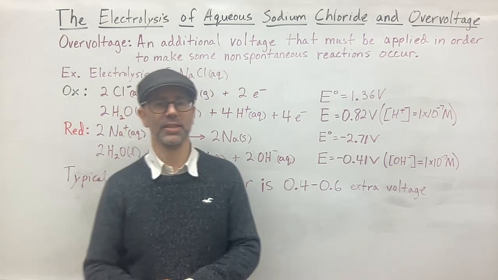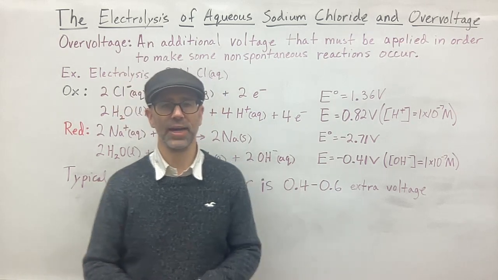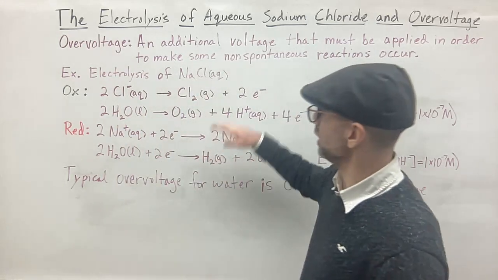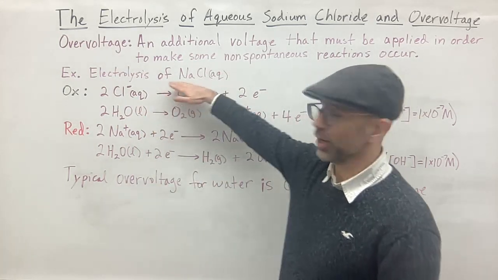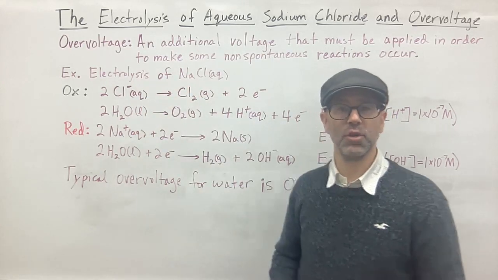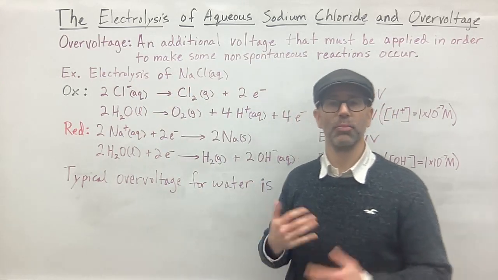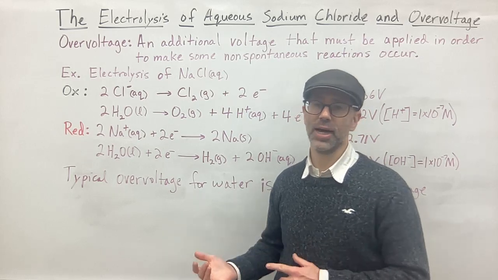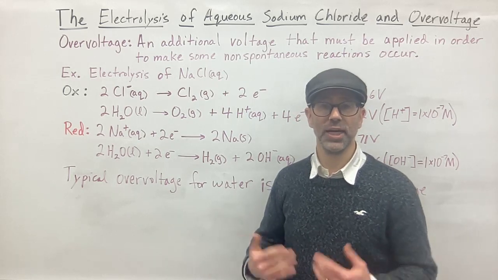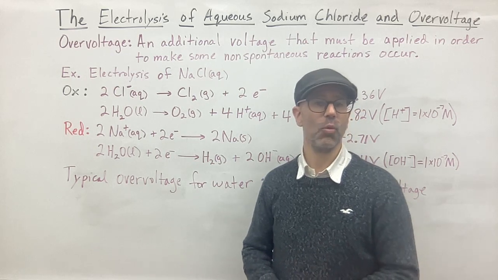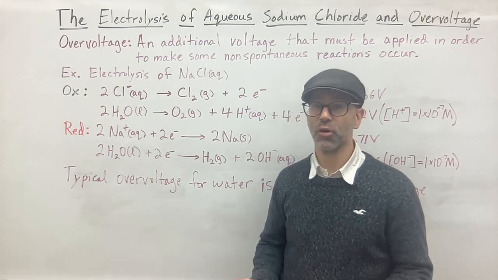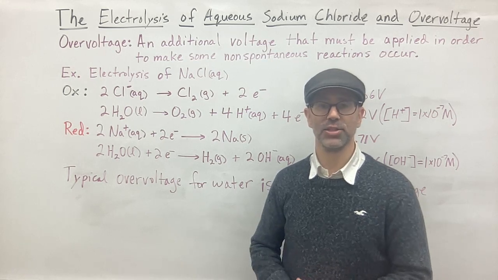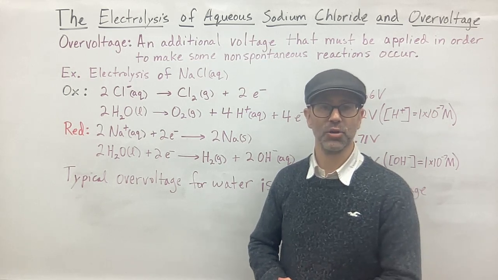So let's talk about the electrolysis of an aqueous solution of sodium chloride. As I said in my other videos, when you're trying to predict what reactions are going to happen at the anode or the cathode, you have to also take into consideration the fact that water is there, and that also is a contender for a reduction or oxidation reaction at either electrode.